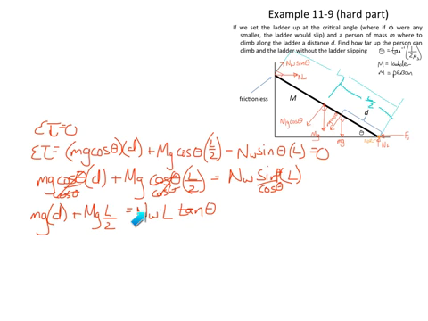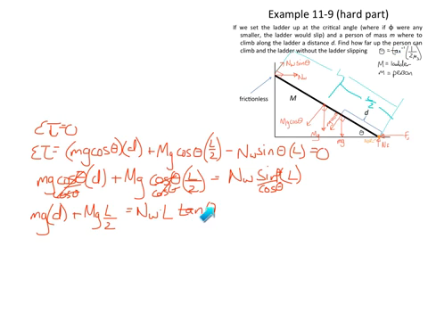First of all, let's look at theta here. What is our theta from the first part of this problem? Theta is inverse tangent of 1 over 2 mu s, or 1 over 2 times the coefficient of static friction. So, if this is the tangent of theta, and theta is the inverse tangent of all this right here, the tangent of the inverse tangent makes them basically go away and cancel out.